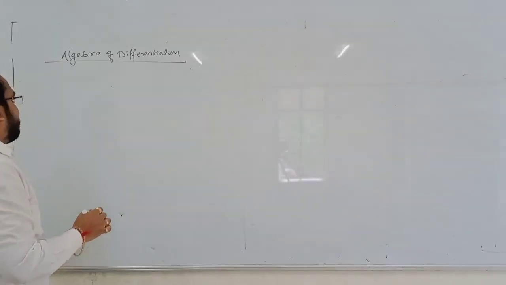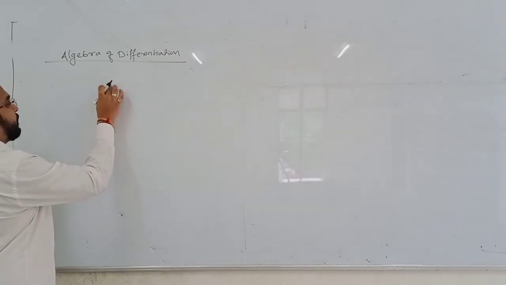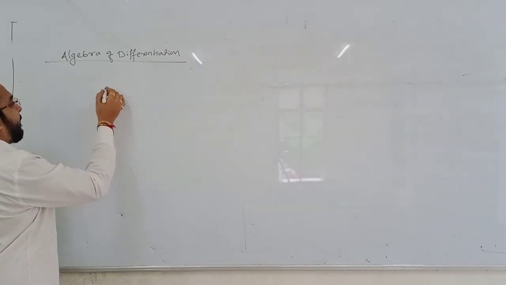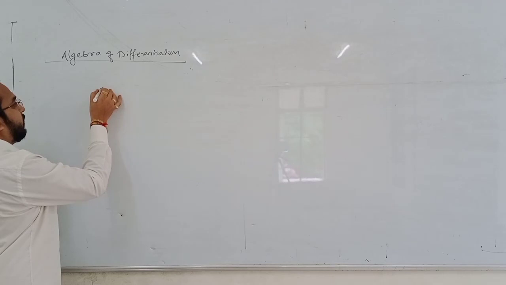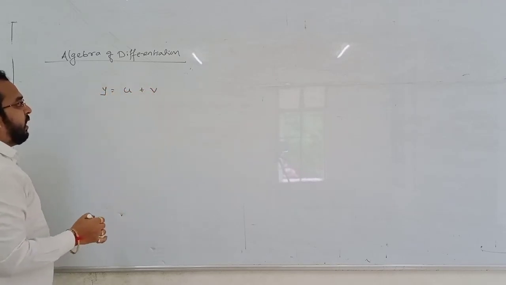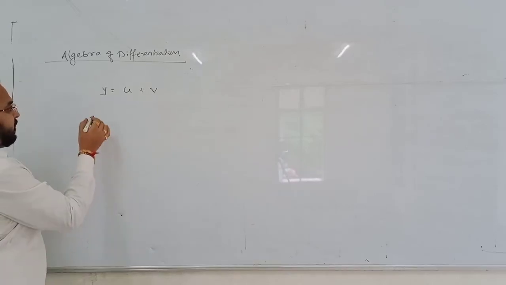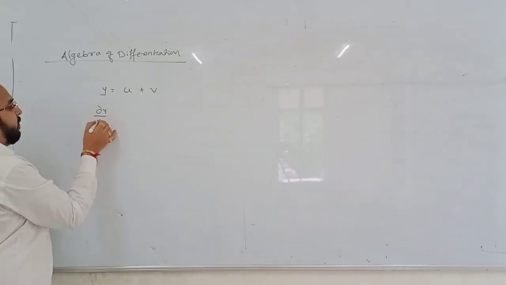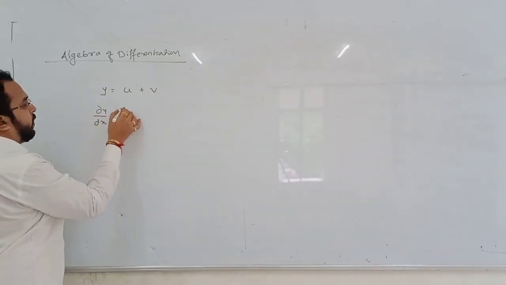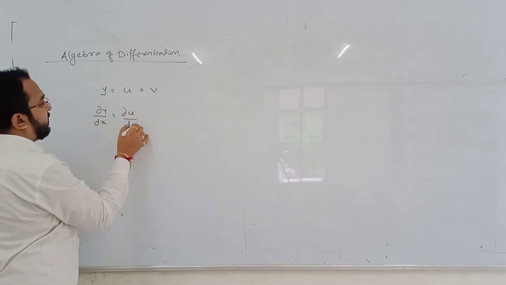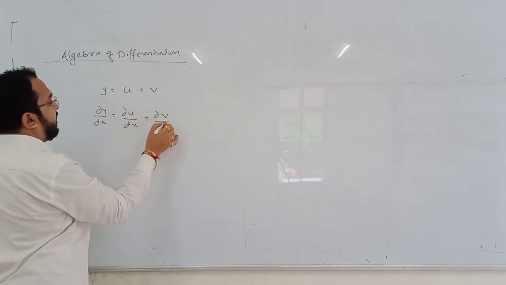So what is the algebra of differentiation? For example, let's see, the function y is given as u plus v. Then its differentiation will be dy by dx is equal to du by dx plus dv by dx.